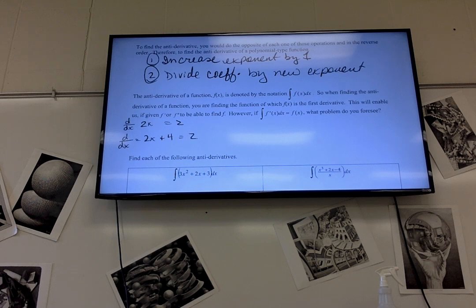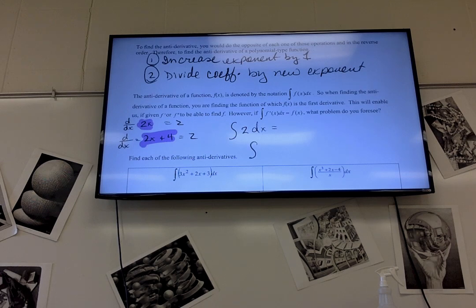So if there's a constant without an x, it isn't going to be there. So if I asked you for the antiderivative of 2, we would just say 2x. Well, it could have been, according to this, 2x or 2x plus 4. So how do we fix that? Here's how we fix that.